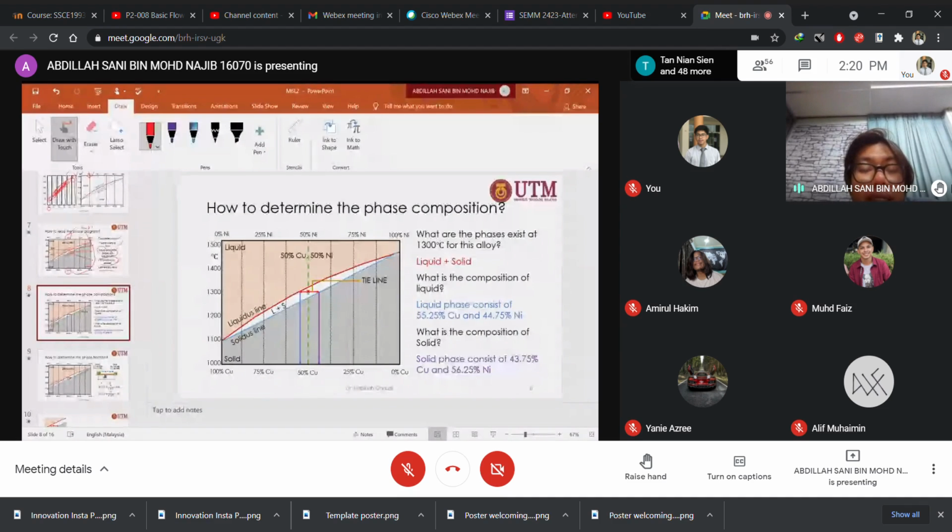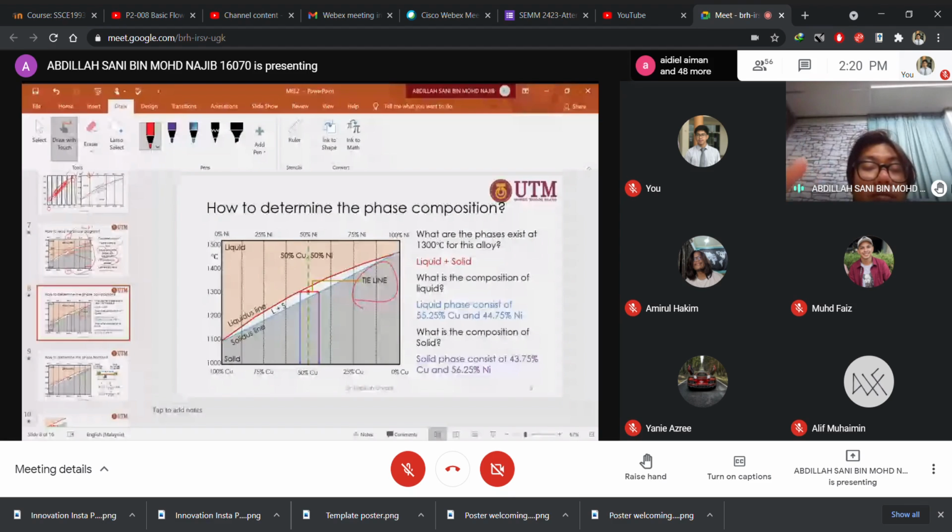What is meant by tie line? For example, you have this amount, 50 and 50. You mix together, you heat up, and you get this molten alloy, and then you cool it off.